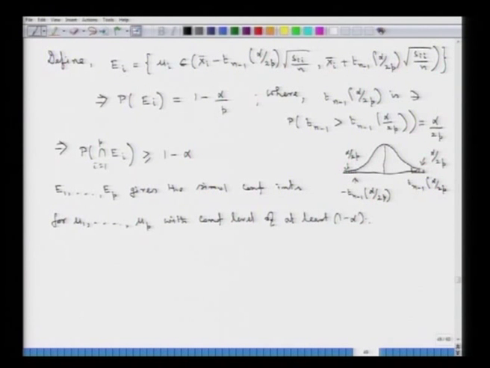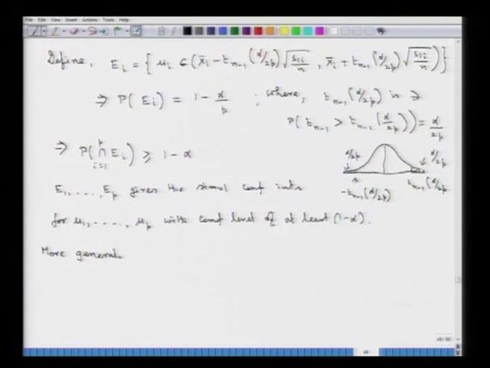So we have ensured that with such random intervals we are able to have a coverage of at least 1 minus alpha. So this is what it turns out to be. Now one can actually have a more general approach to constructing such confidence intervals.